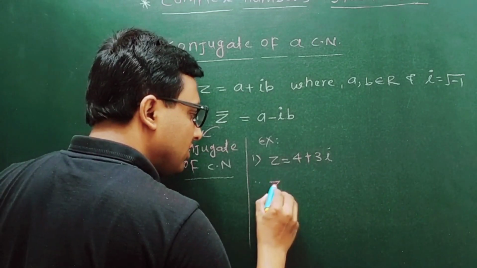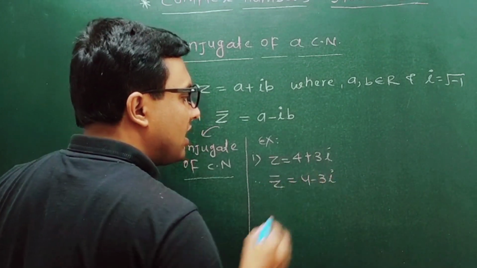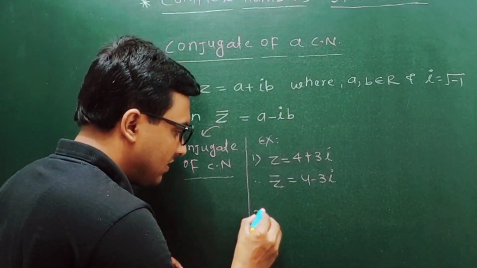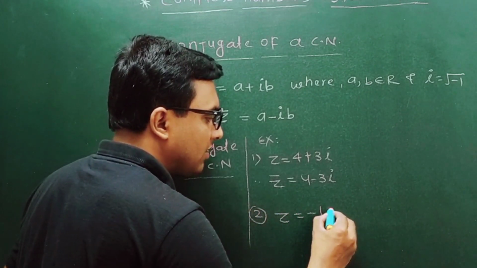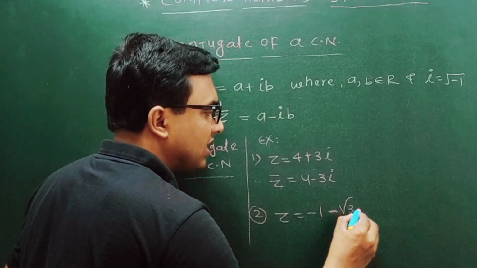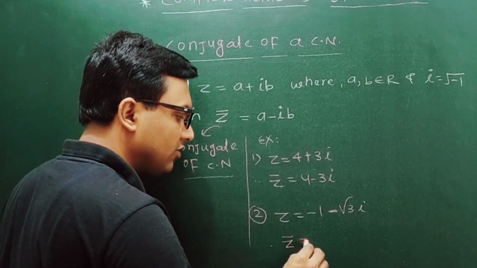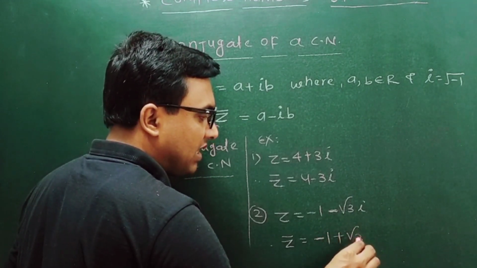Therefore conjugate of z is equal to 4 minus 3 iota. Clear? Second, z is equal to minus 1 minus root under 3 iota. Therefore conjugate of z is equal to minus 1 plus root under 3 iota.